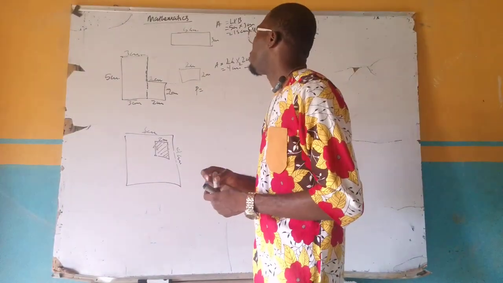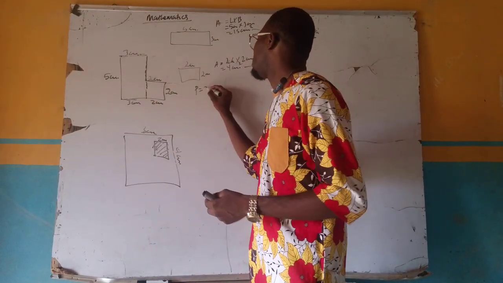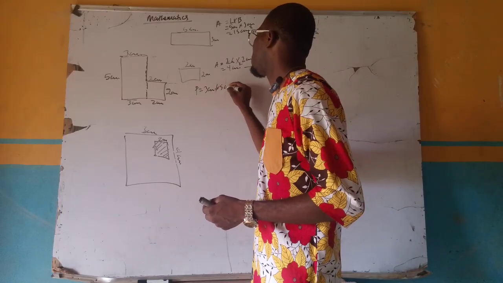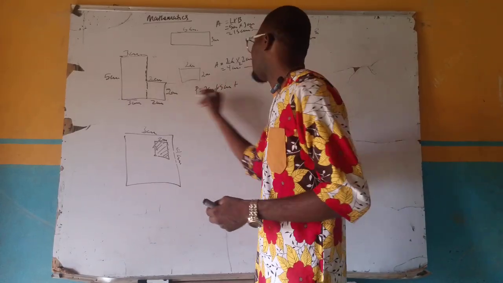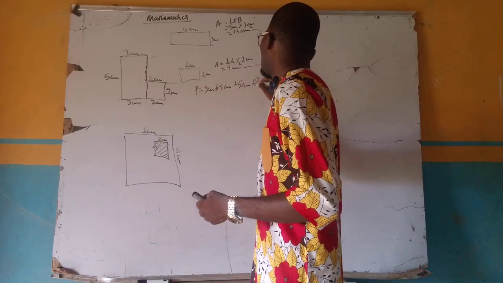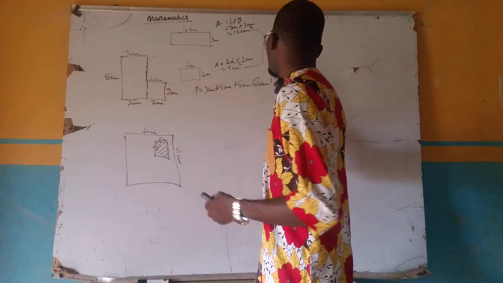So you are going to have 3 centimeter plus 5 centimeter plus 5 centimeter plus 2 centimeter plus 2 centimeter.